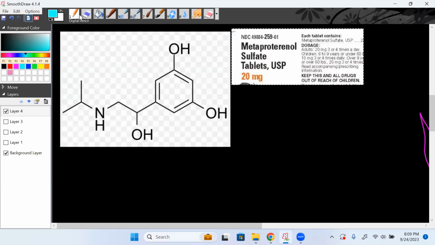What I want you to do is first identify all the functional groups. Then I want you to identify what the potential metabolic pathways would be.